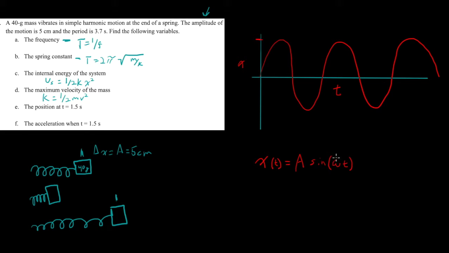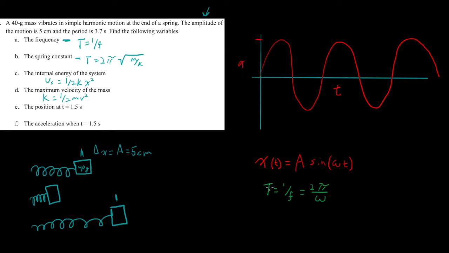And then we're going to want to rewrite that to solve for frequency or period. So let's consider what is the relationship between omega and period. So now I can either go to frequency or period. And just speaking from experience, it's going to be easier to use the frequency here.